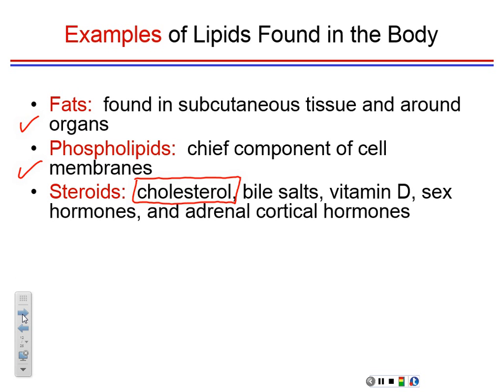And then everything else: bile salts, that are also important in fat digestion and emulsification of fat, all right? And then vitamin D; vitamins A, D, E, and K are fat-soluble vitamins. And then sex hormones, of course, testosterone and estrogen. And then the adrenal cortical hormones are made by the adrenal gland, like cortisol.